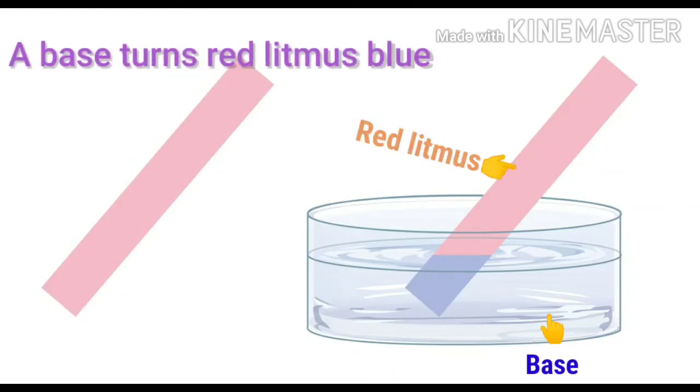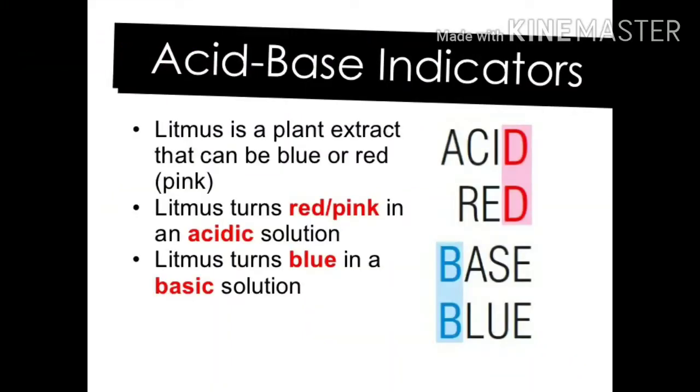On the other hand, a base turns red litmus paper to blue. See in the picture, children, a trick is shown to you on how to remember the color change in acid and base of a litmus paper. In acid, litmus turns red, and in base, litmus turns blue.